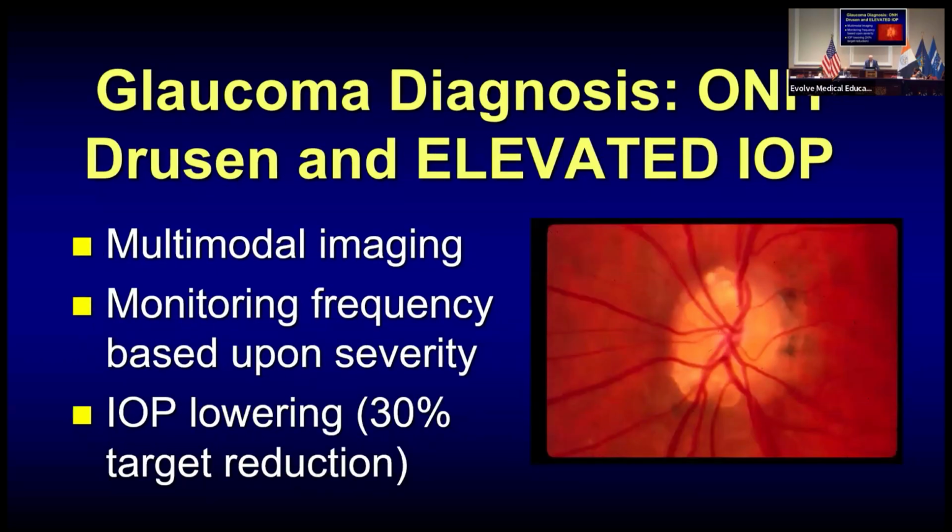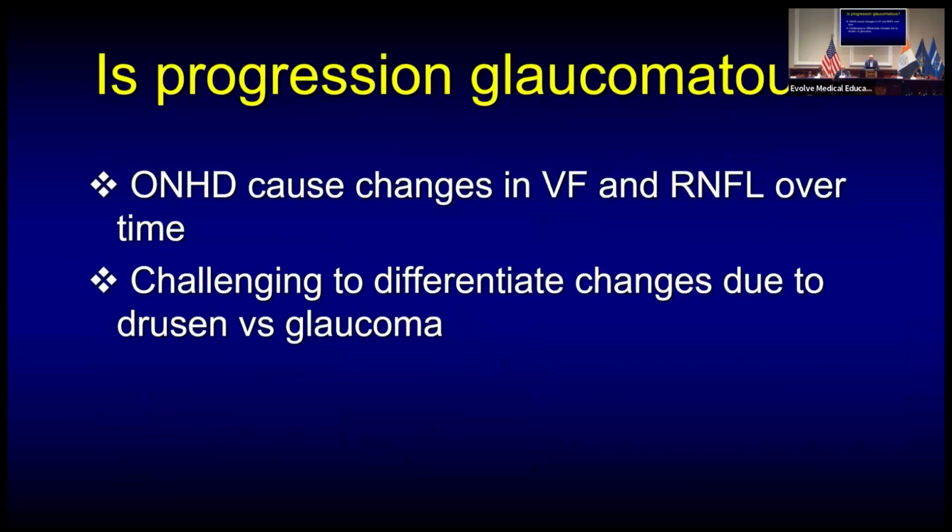And that's a different approach from eyes, obviously, with elevated intraocular pressure, where I employ the same multimodal imaging technologies, monitor based on the severity of the visual field loss, and then without any evidence, guidelines employ a strategy to get the intraocular pressure around 30% lower than the baseline level, and then follow very closely for progression, which really becomes the most challenging part of following such patients, because not only does glaucoma produce changes in both the visual field and the optic nerve appearance, but obviously optic nerve head drusen will also produce changes in the visual field.